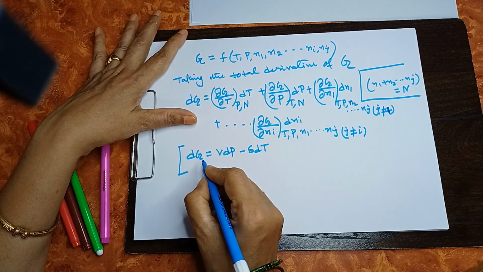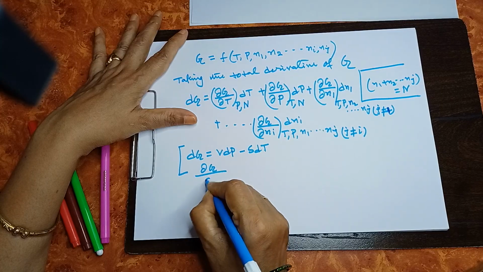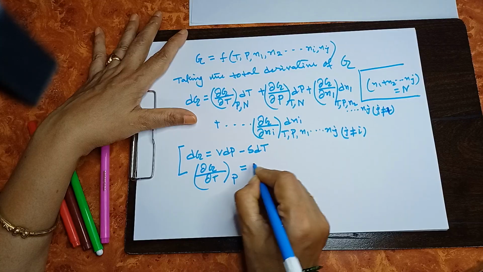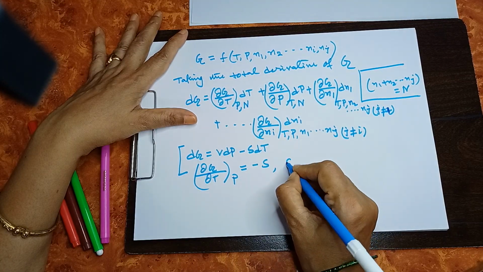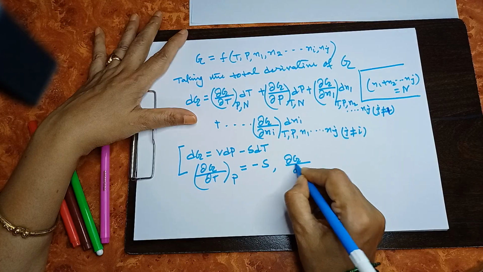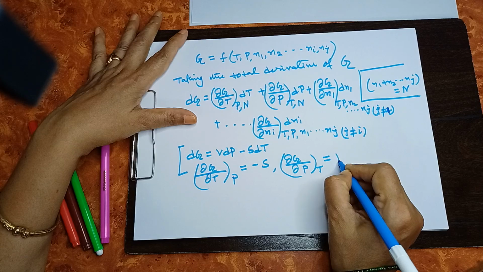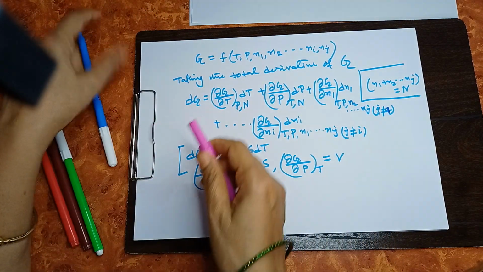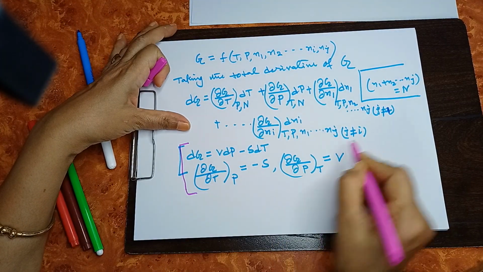So from this equation, del G by del T at constant pressure is equal to minus S, and del G by del P at constant temperature is equal to V. Already we know these things.